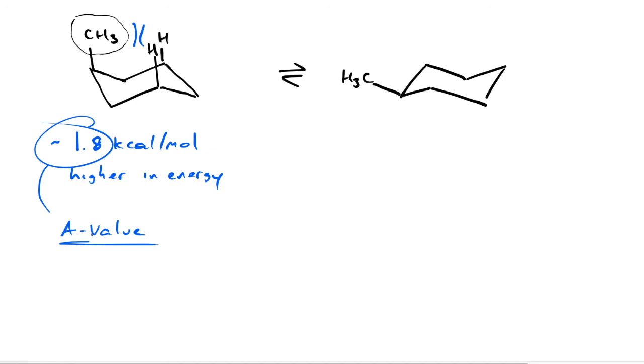So the guiding principle for determining the most stable chair structure when you're looking at two chair forms that can interconvert via chair flips is you want to put the largest groups in the equatorial position. Largest groups in the equatorial position, that will be your guiding principle.